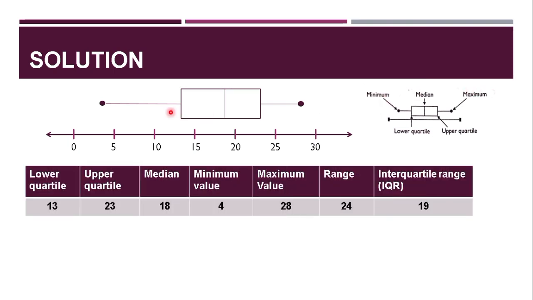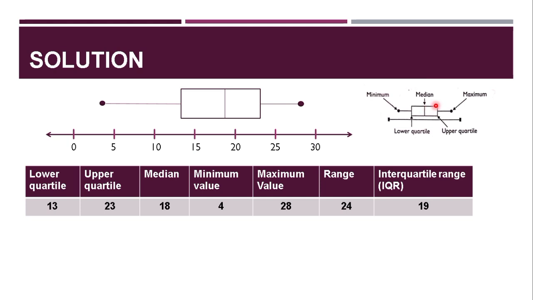So let's look at it. The lower quartile is here after the minimum. If you look at it, it's around 13.